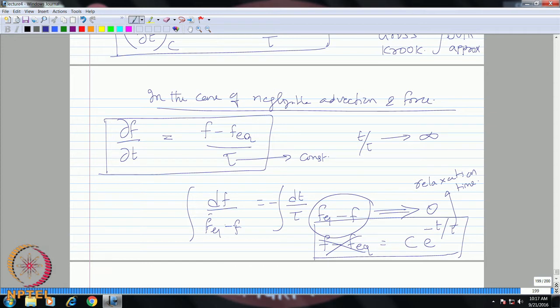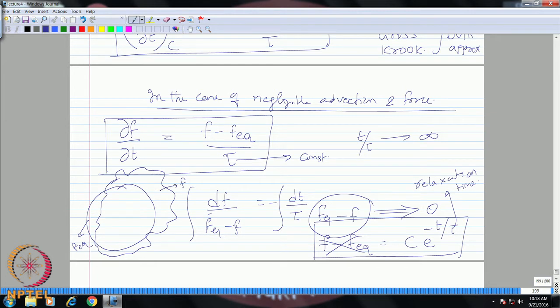You can imagine, if you plot the equilibrium distribution, it is a kind of uniform distribution in space, maybe like a circle which is uniform and not changing with any direction. Now, if you look at the non-equilibrium function, that will be distorted like this. So, this is your F equilibrium and this is your F.